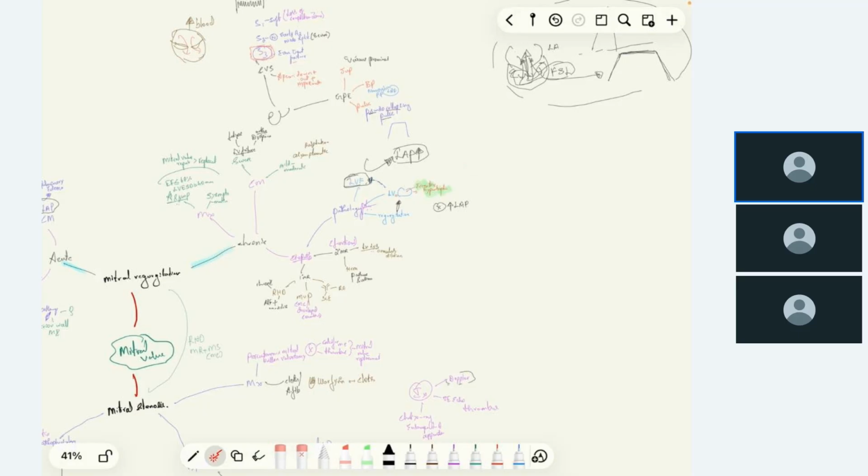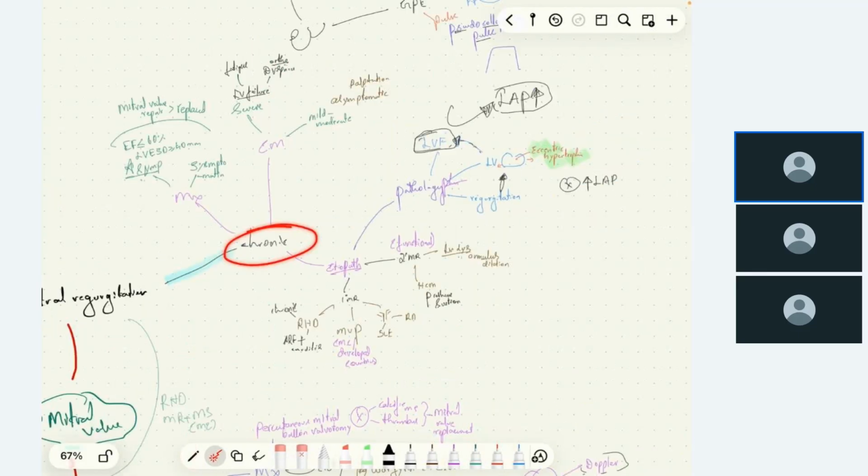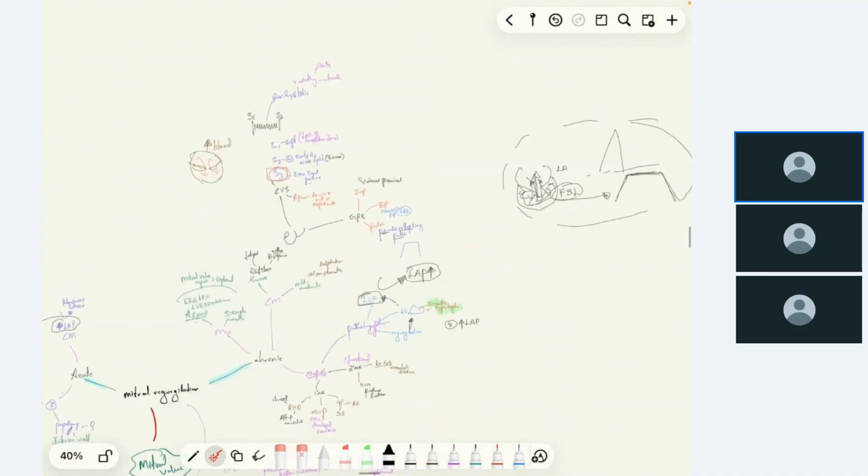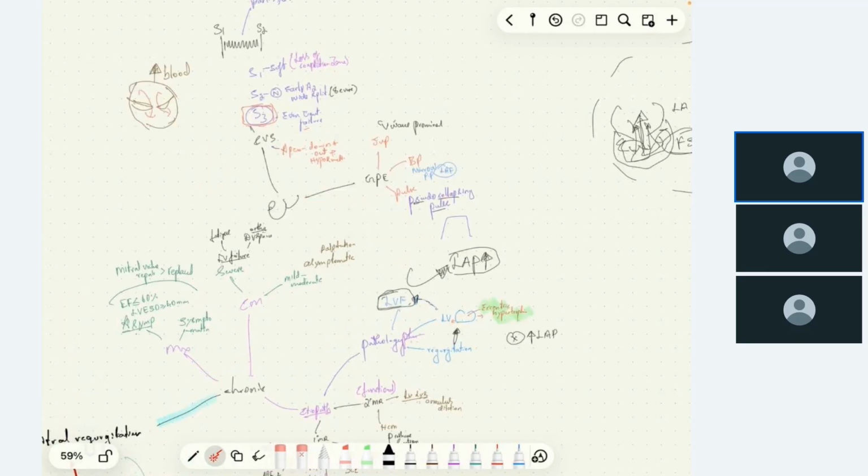Then we saw chronic MR, the etiopathophysiology, the primary and secondary MR, the pathology in mitral regurgitation leading to eccentric hypertrophy and eventually leading to left ventricular failure. The clinical manifestations: mild to moderate MR is asymptomatic or has palpitations, while severe MR presents with features of left ventricular failure.